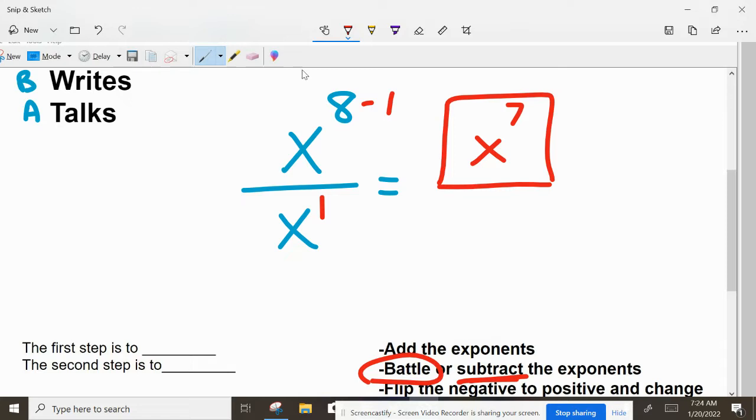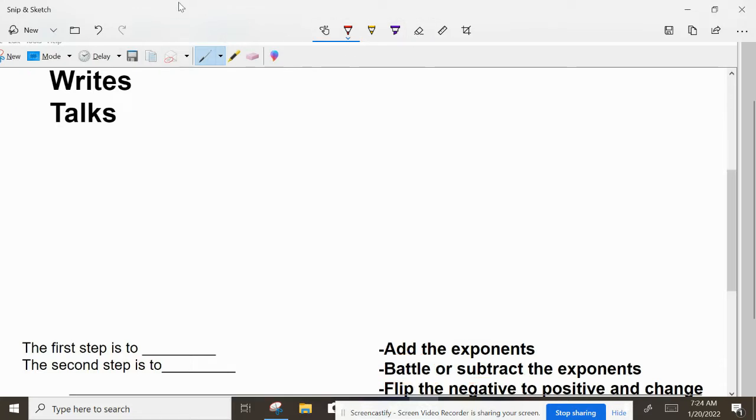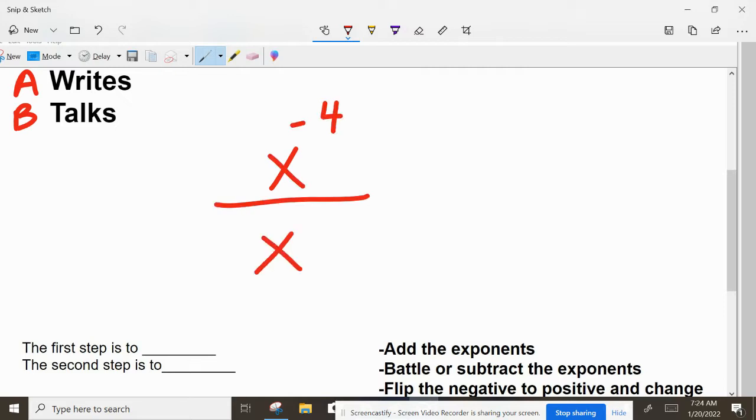Simple review. All right, now let's get into the more challenging types of problems like these, all right? We're back to A writing, B talking. Okay, now what about something like this? All right, 15 seconds, write it down, look at your partner and say, what do I do?